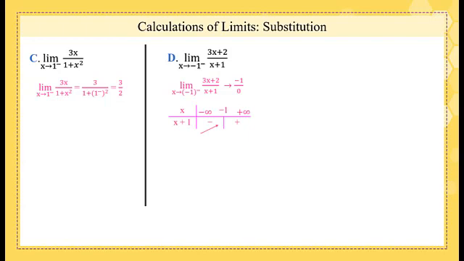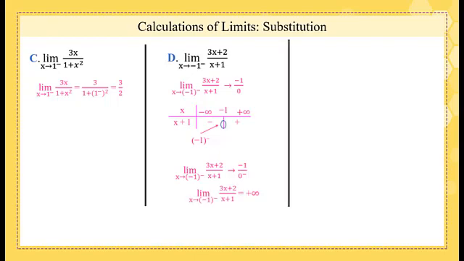We can find that before -1, x plus 1 is negative, and after it is positive. So at left it is negative, so it's 0 minus. So we have -1 over 0 minus, which is plus infinity.